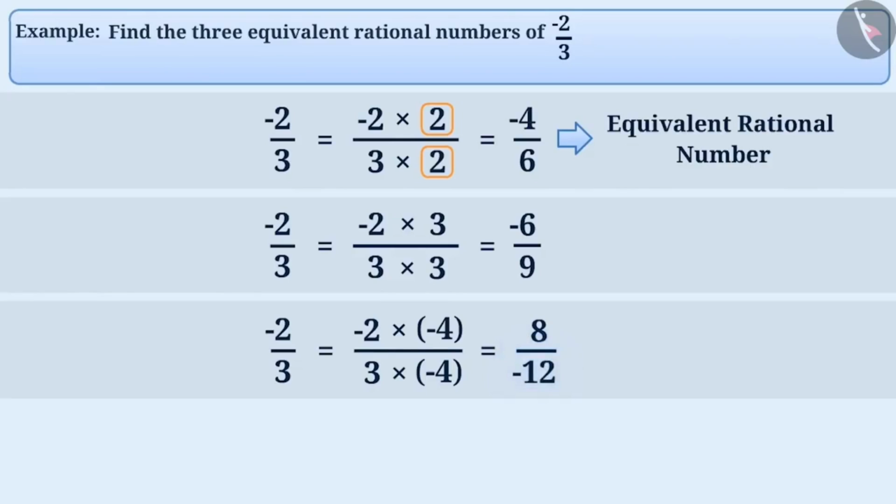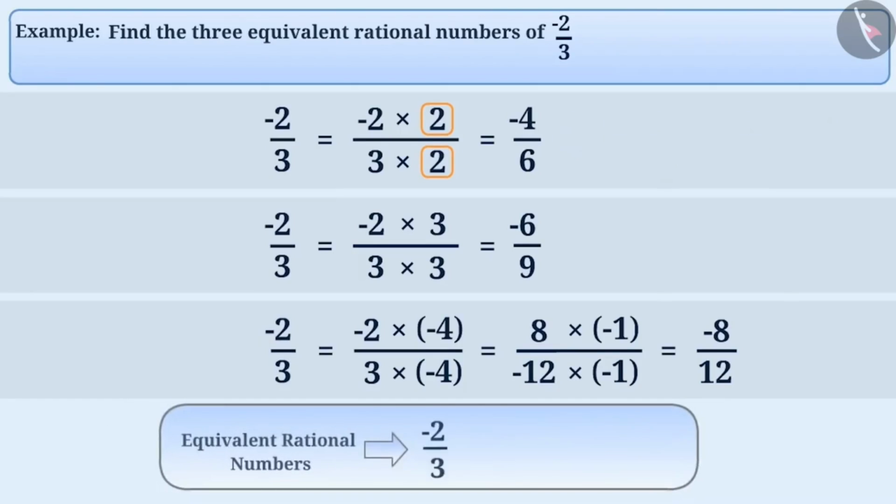Now, in order to make the sign of its denominator positive, we will multiply both the numerator and denominator by minus 1. The result, minus 8 by 12, is also an equivalent rational number of minus 2 by 3. Thus, minus 2 by 3, minus 4 by 6, minus 6 by 9, minus 8 by 12, etc. are equivalent rational numbers, since they are equal to each other.